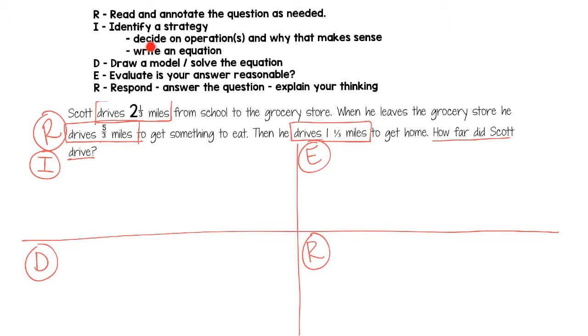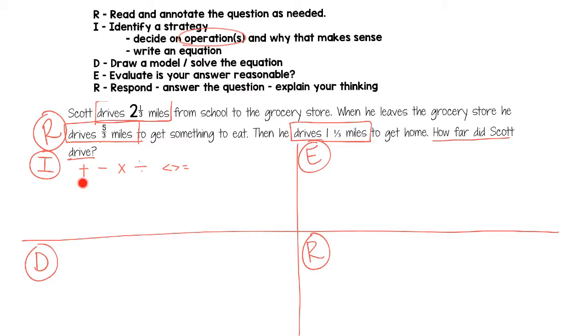Now let's go on to I. Identify a strategy, decide on the operation. Why does that make sense? Write an equation. So let's write out our operations. They are addition, subtraction, multiplication, division, and comparing. All right.